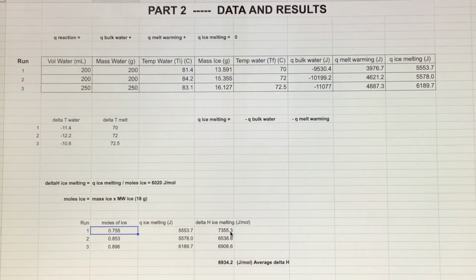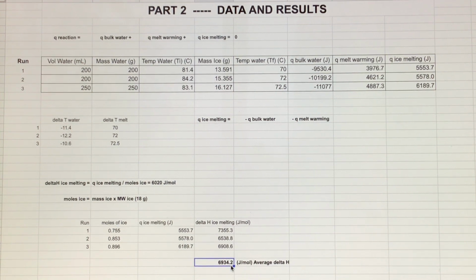And what I get is 7,355, 6,538, 6,908. The average value that I got with my experiment is 6,934.2 joules per mole, which is pretty close.